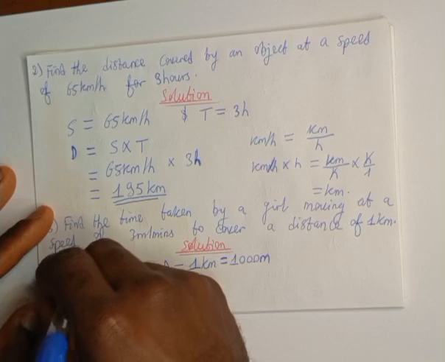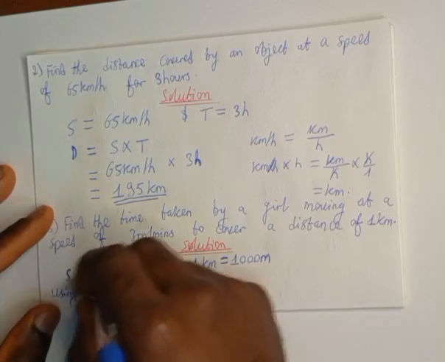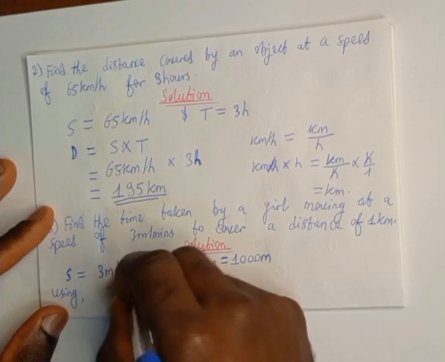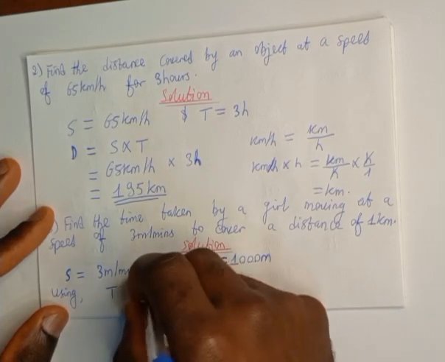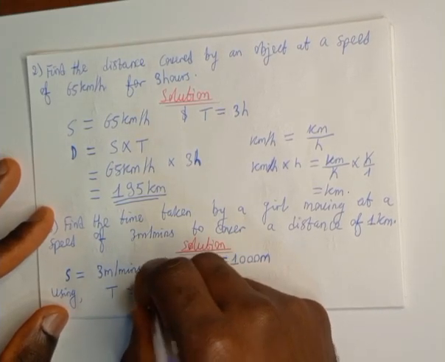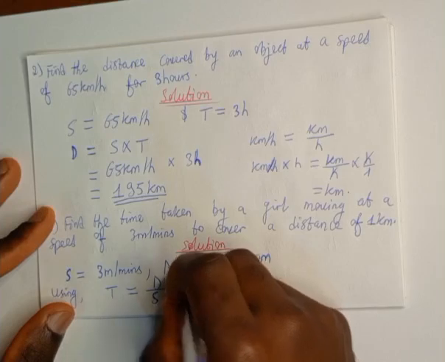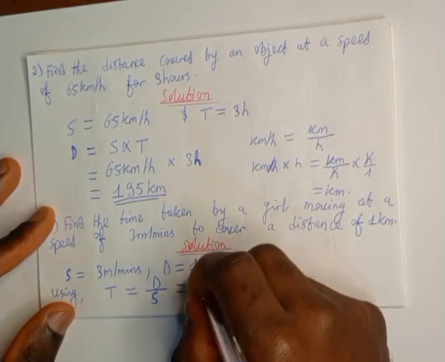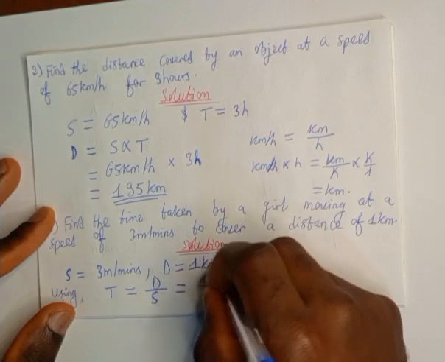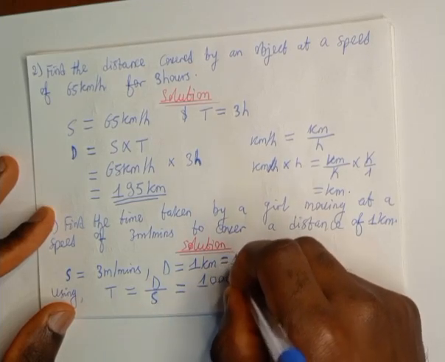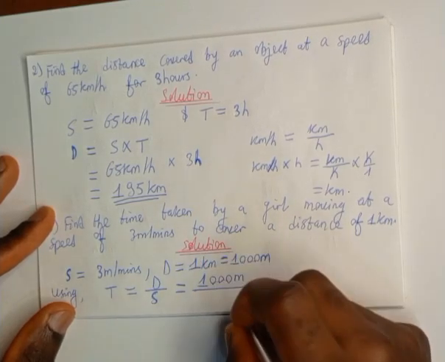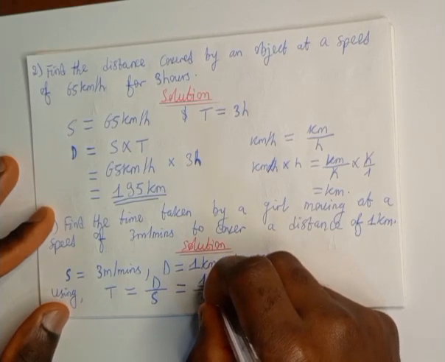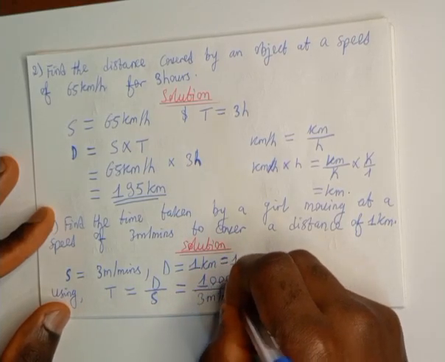We're going to make use of the formula: time taken equal to distance all over speed. This will simply be equal to the distance in meters, which is 1000 meters, over the speed, which is 3 meters per minute.